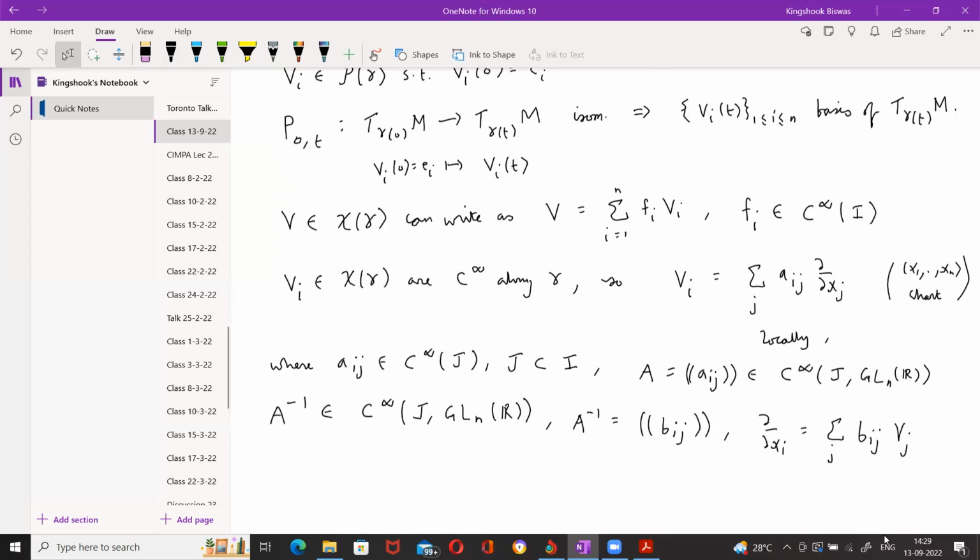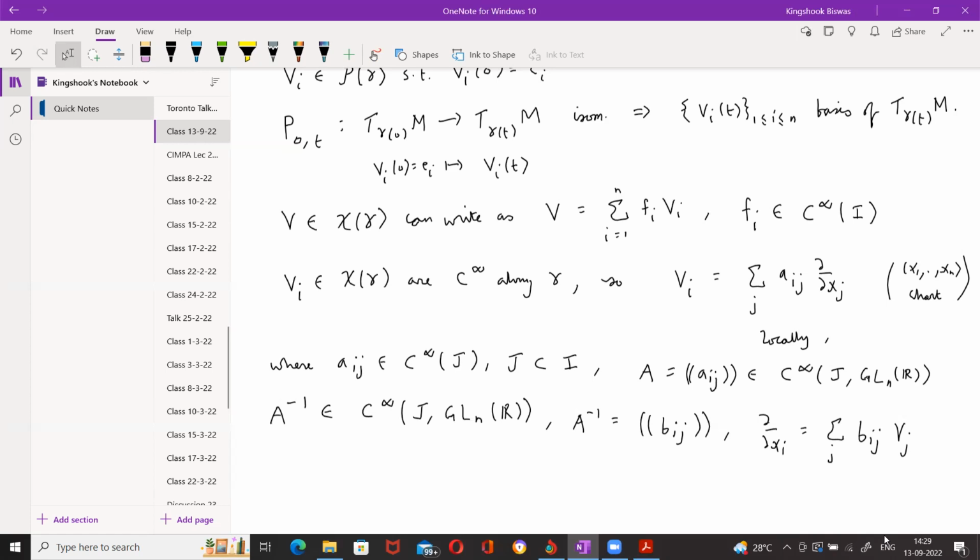I'm saying that we make the V_i's orthonormal, and then we write V in terms of that orthonormal frame. These coefficients will be given by the inner product of the vector fields V and V_i. Then it will be smooth because the vector fields are smooth. Can you also argue like that?